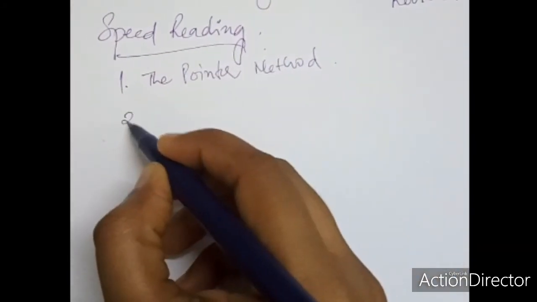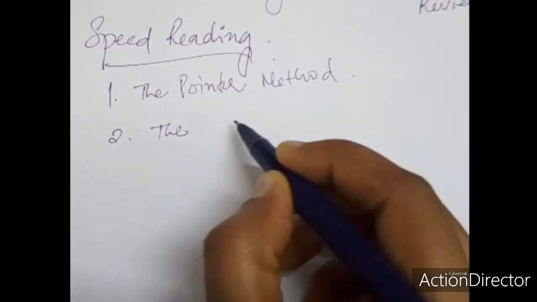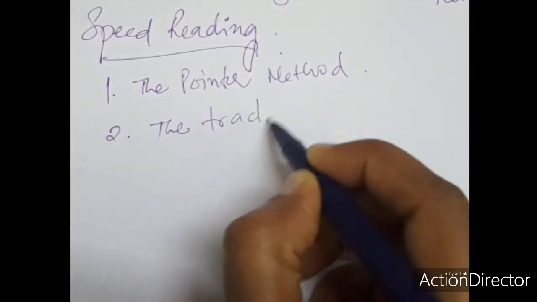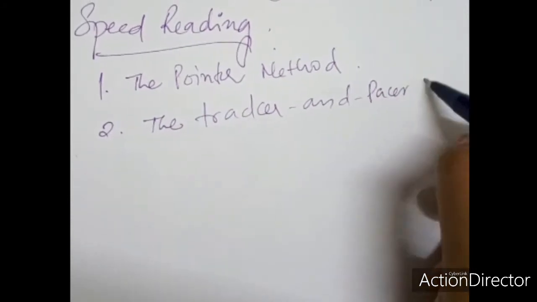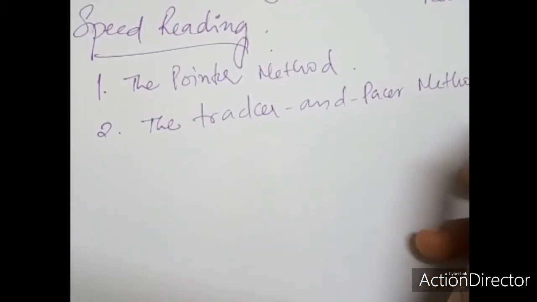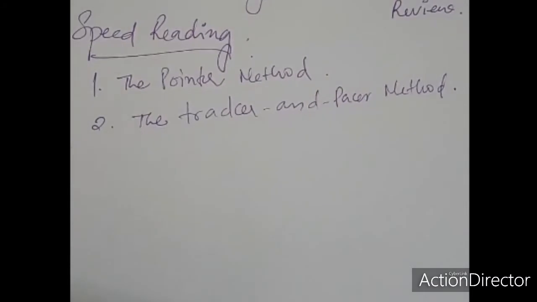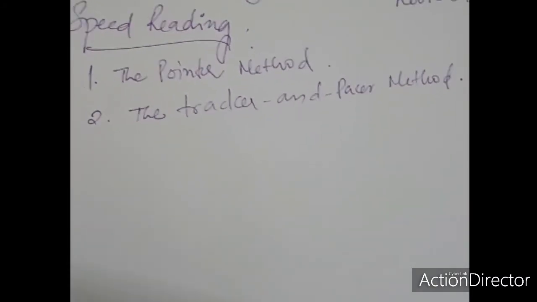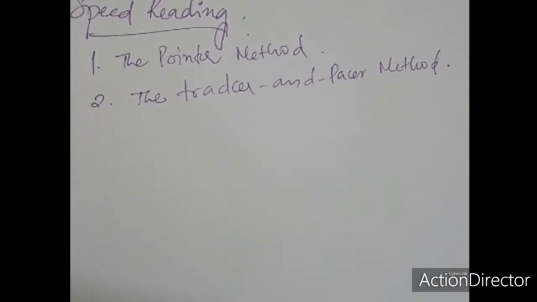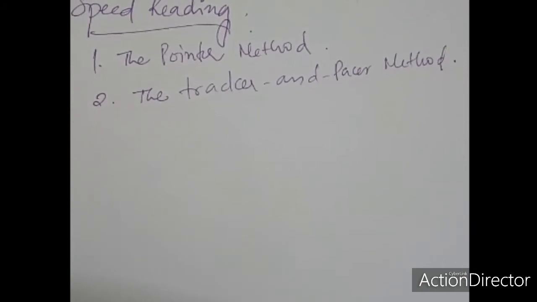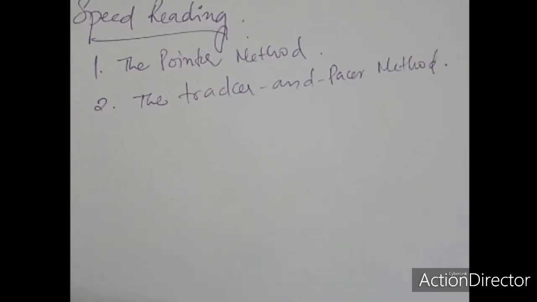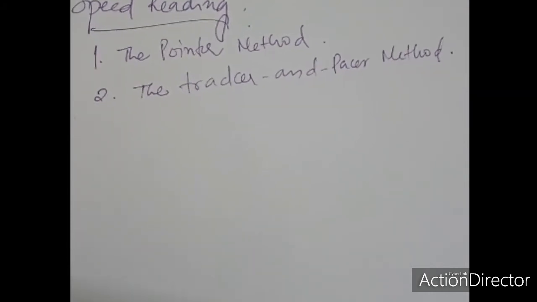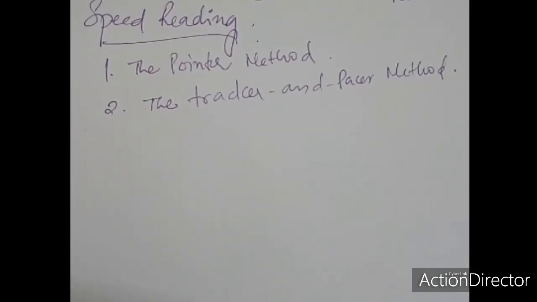Second one is the tracker and pacer method. So what is the tracker and pacer method? This is a variant of the pointer method where you hold a pen with its cap on and underline or track each line as you read it, keeping your eye above the tip of the pen.